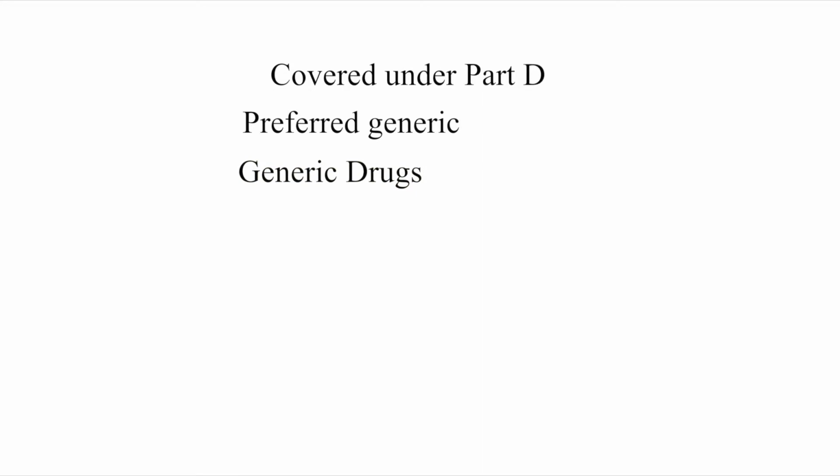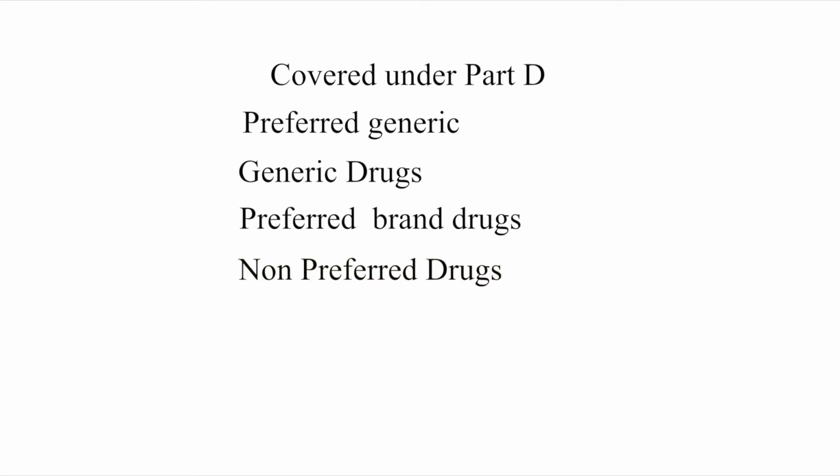So these 5 tiers typically follow this structure. 1, preferred generic. 2, generic drugs. 3, preferred brand drugs. 4, non-preferred drugs. And 5, specialty drugs. Now you're going to want to have your client check each and every one of the formularies for different carriers because every carrier can designate them at a different tier.